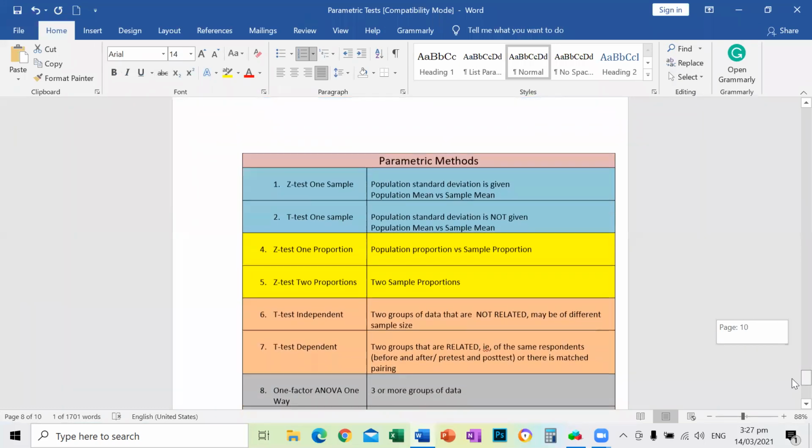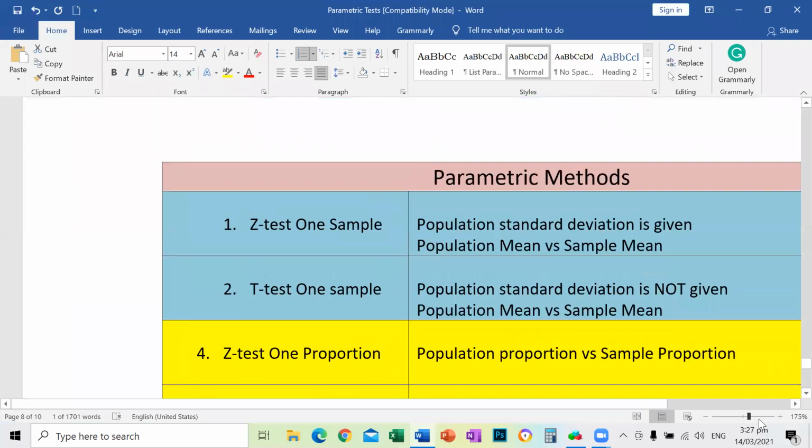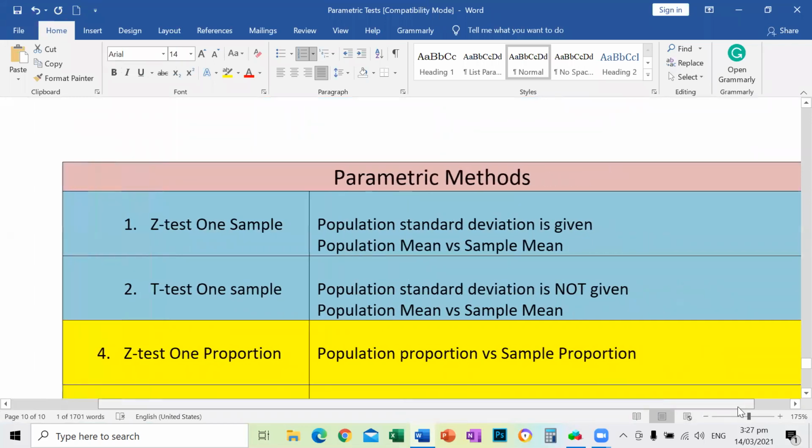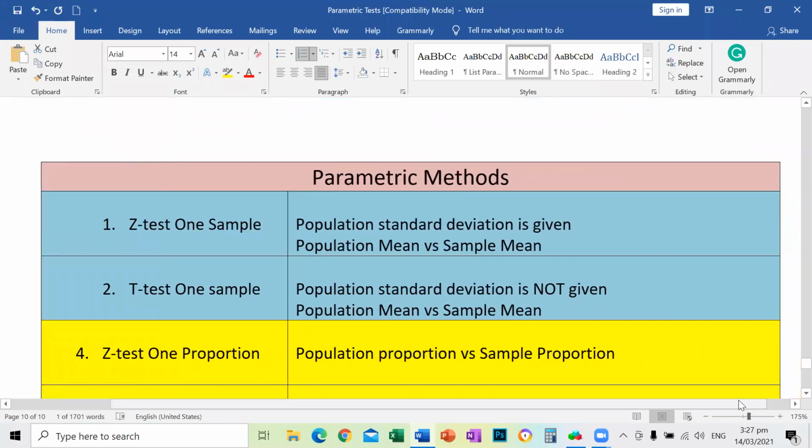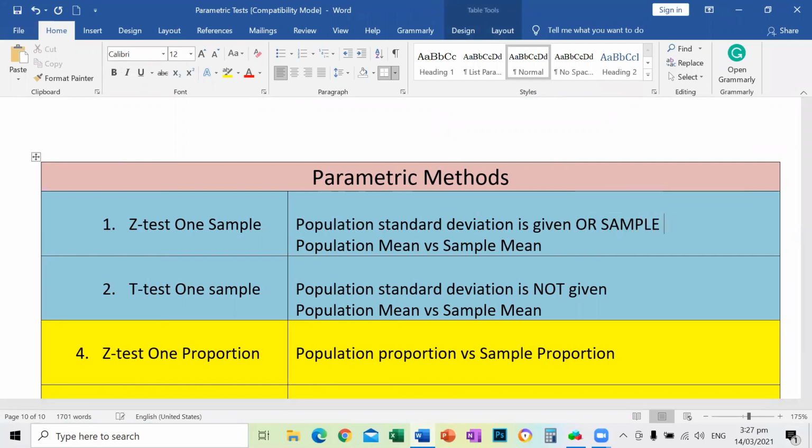To recall again, we use Ztest One Sample if the population standard deviation is given, or the sample size is at least 30. And then for Ttest One Sample, the population standard deviation is not given.